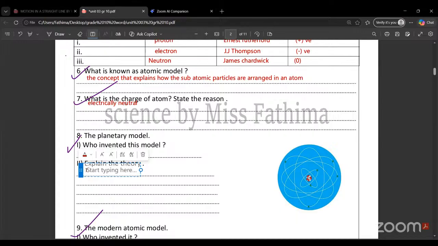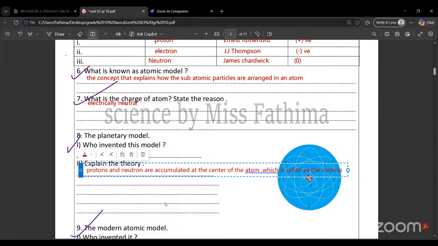Right. Explain the theory of the planetary model. Okay. Wait, let me write. Protons and neutrons are accumulated at the center of the atom, which is called the nucleus, right?